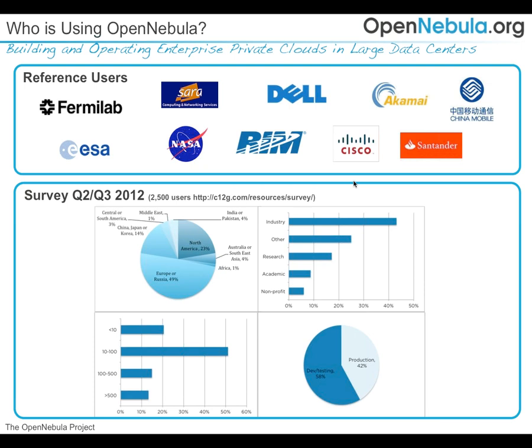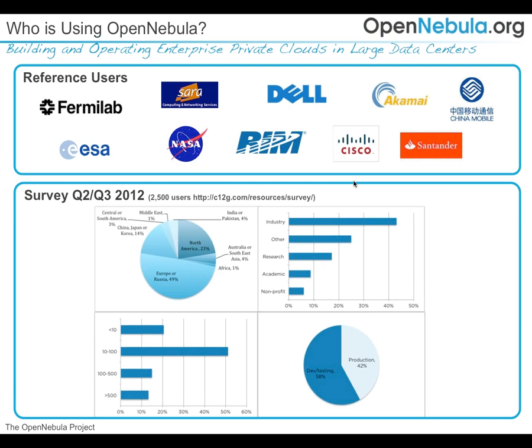So OpenNebula has been around for, as I said before, 5 years, and there's a grand number of big users that use OpenNebula to operate their enterprise private clouds in the medium to large data centers. So we can highlight companies like Research in Motion or Fermilab or ISA, China Mobile, and Akamai, for instance, running some of their data centers using OpenNebula.